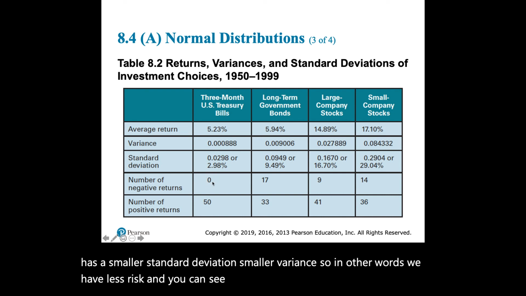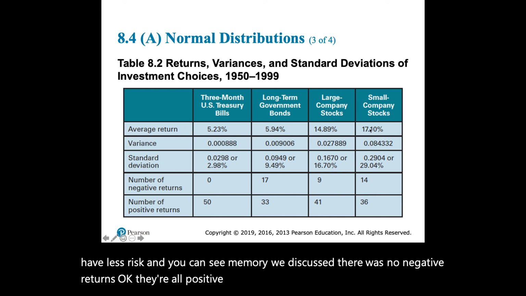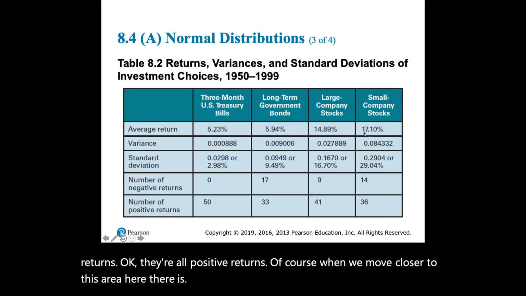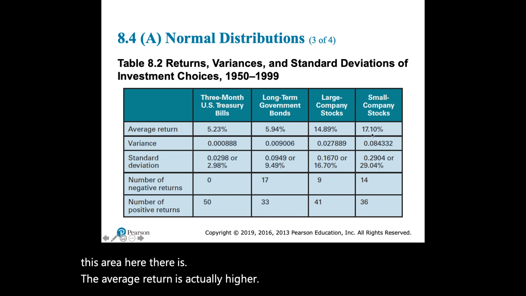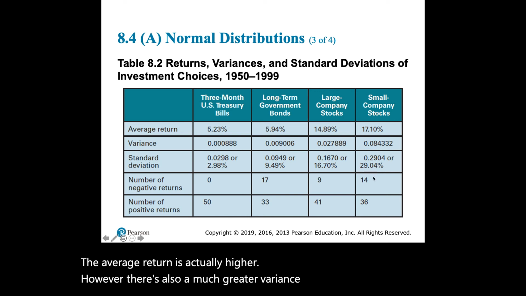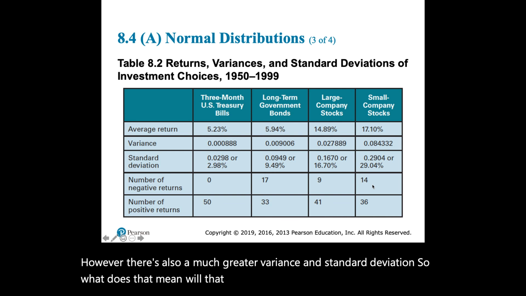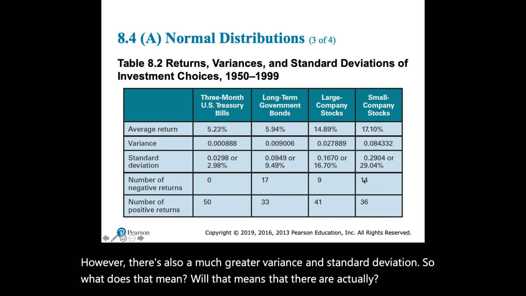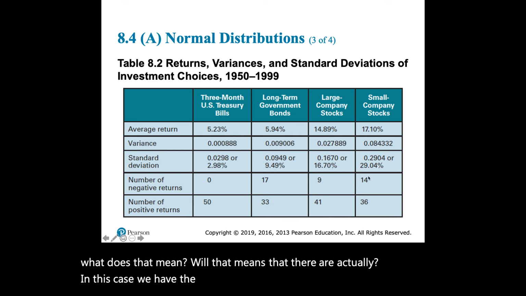However, there's also a much greater variance and standard deviation. What does that mean? Well, in this case, we have a lot of negative returns here, also positive returns. So there's a bigger spectrum of variance. Even though we might have some more negative returns here, the uncertainty is higher with small company stocks. And again, you get a reward for that uncertainty.